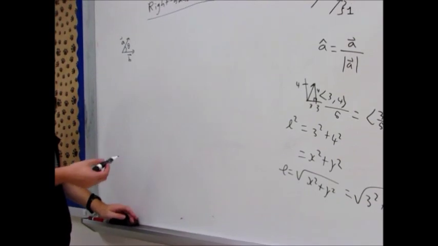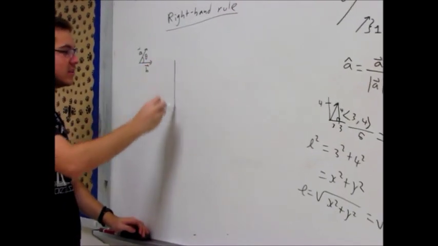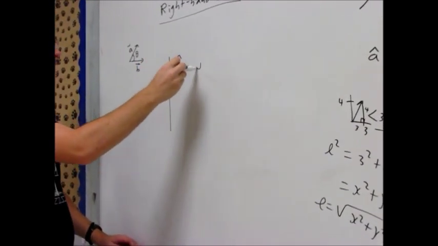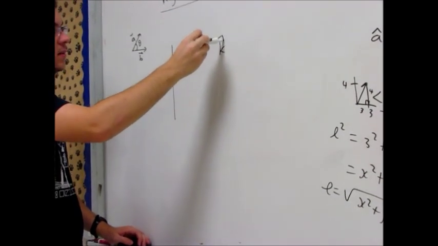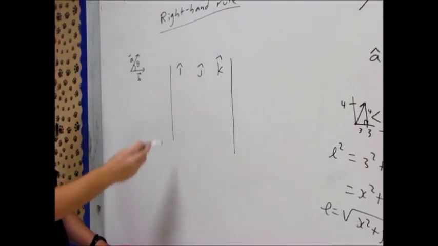So back to this, now, if we want to calculate the cross product, you have to use these i, j, and k, at least. This is the easiest way to calculate it.